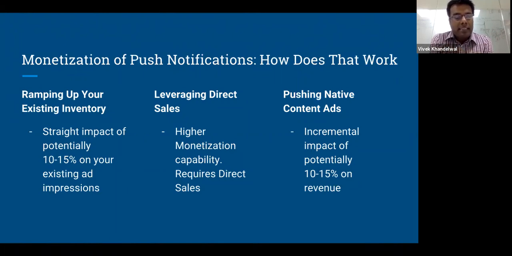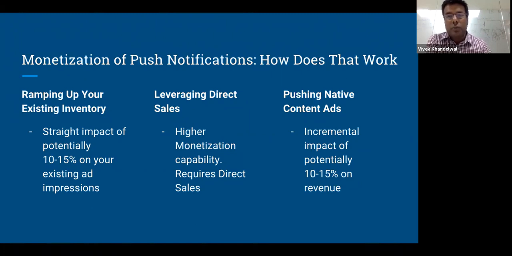We've seen clearly that consistent engagement of your audience can help you increase your traffic by up to 10 to 15%. A traffic increase of 10 to 15% translates into 10 to 15% incremental ad impressions.